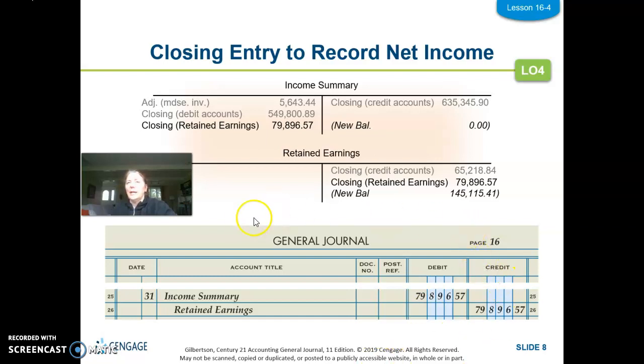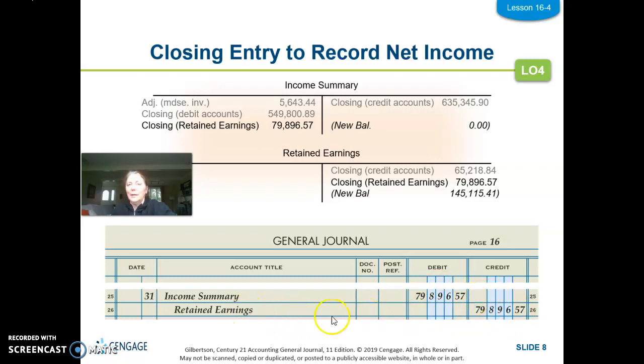So just like in the first trimester when we closed all these accounts, we closed it into capital. Instead, for a corporation, we're closing it into retained earnings. So I would make sure and note that in your notes. So in this closing entry, number 3, we're closing everything into retained earnings. The number I'm using is my net income or loss.